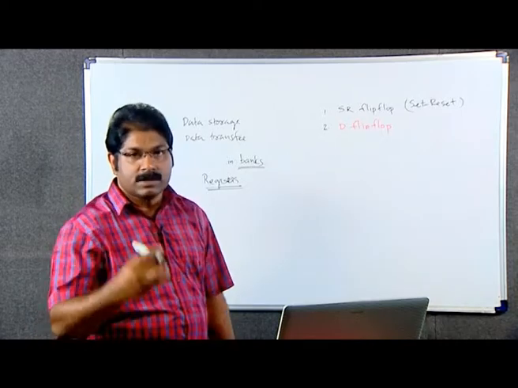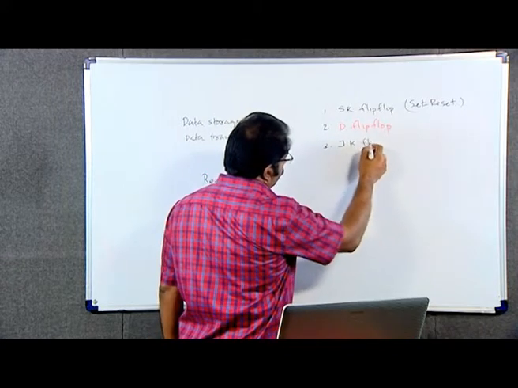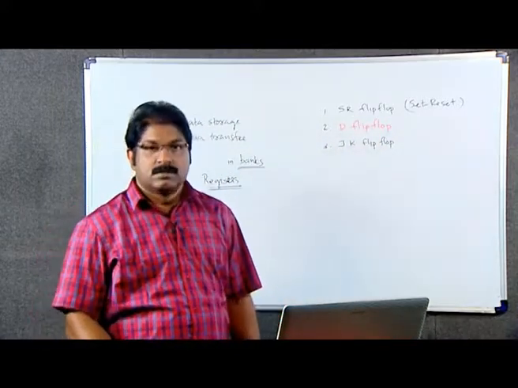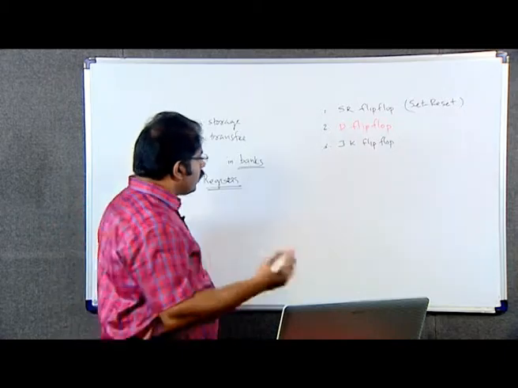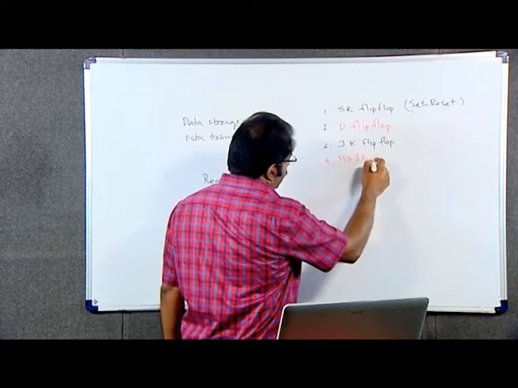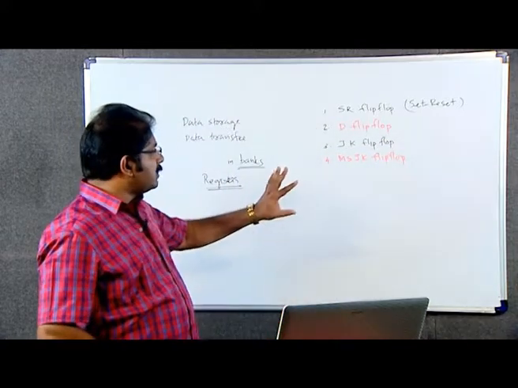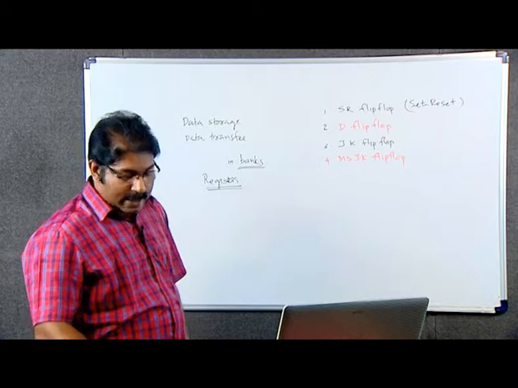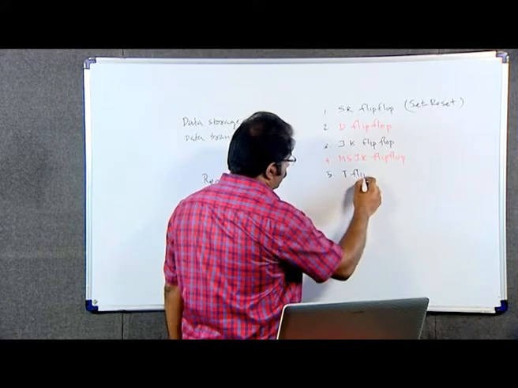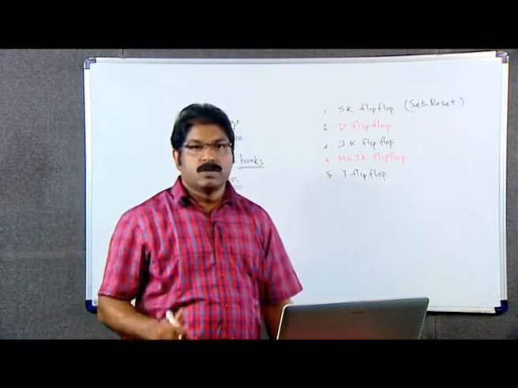Then comes the third type, the JK flip-flop. There is another kind of flip-flop which is a modification of this JK flip-flop. It is called the MSJK flip-flop. We can modify the JK flip-flop in another way and get another type called a T flip-flop. So, these are the different types of flip-flop which we need to study.